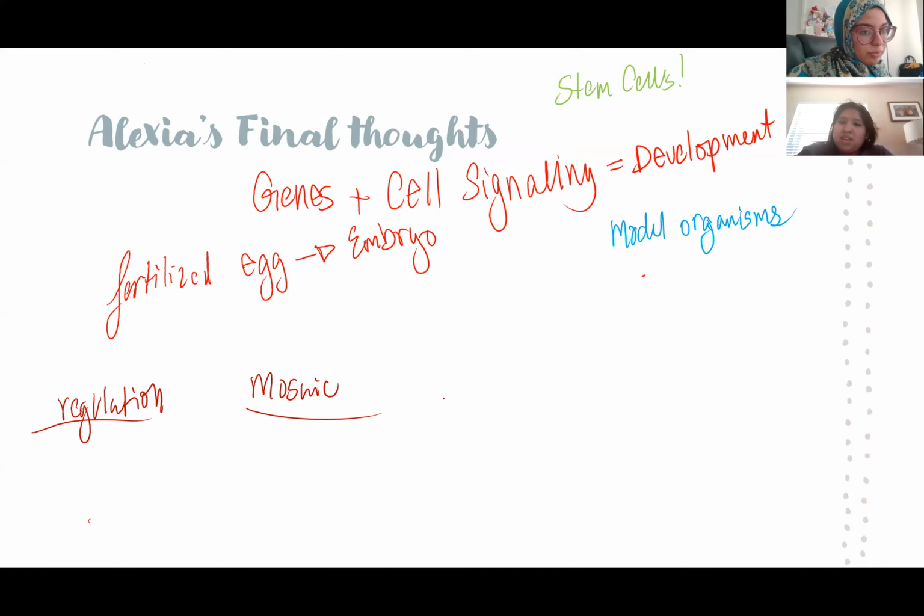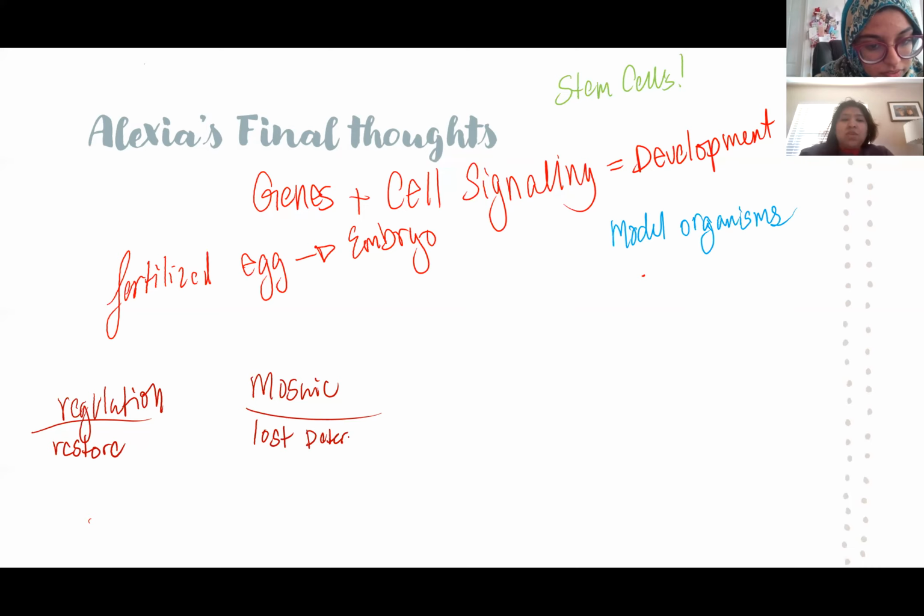So when you poke the hot needle, it can use the information it has in order to restore what it lost. Whereas with mosaic, the determinants are lost, you don't have them anymore, and so it's not able to restore development. So regulation would be restore, mosaic would be you lose the determinants and everything.